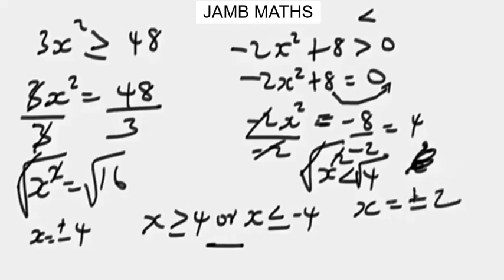So to represent it with inequality, since it's less than, it's going to give us minus 2 less than x less than 2. And that will be the answer to this question. It's as simple as that, guys. Hope you're not confused about this example. Okay, this is basically how you can do problems involving quadratic inequalities.